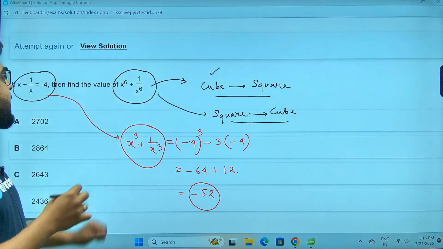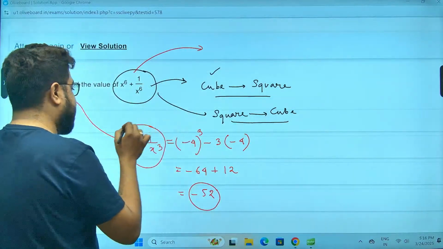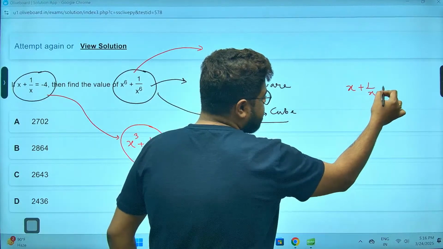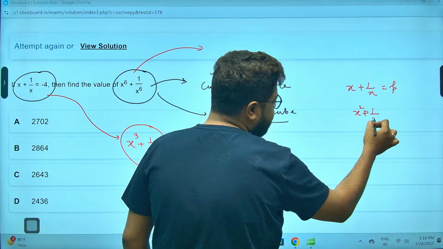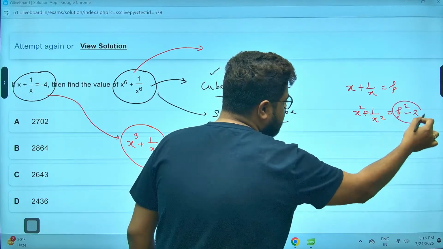I need 6, and 6 is nothing but the square of cube. If x plus 1 by x is p, then we all know x square plus 1 by x square equals p square minus 2. So just use this.